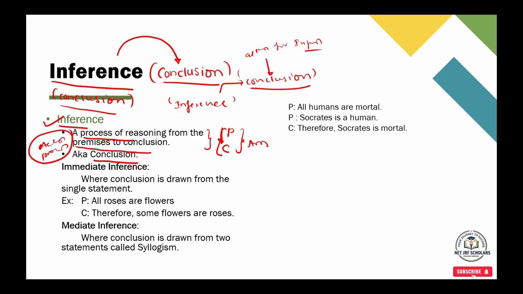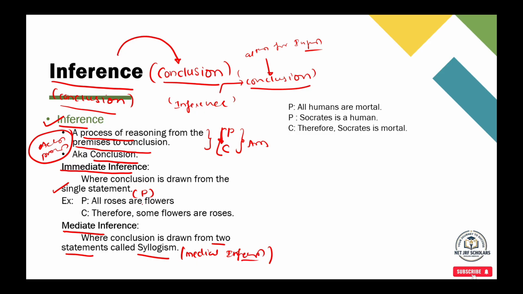There are two types of inferences. Where the conclusion is drawn from one single statement or proposition, it is called immediate inference. If the conclusion is drawn from two statements, it is called syllogism or mediate inference.